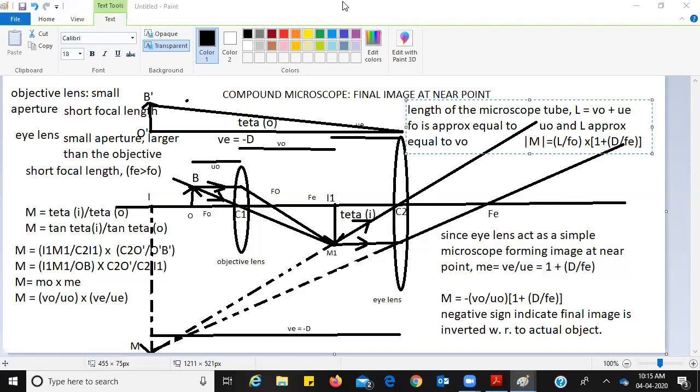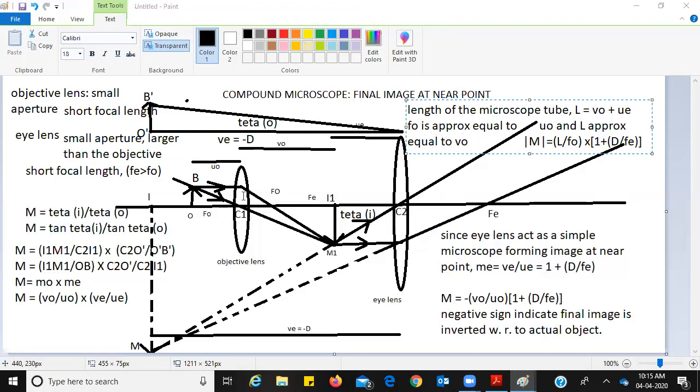Yeah, but we write L is equal to VO plus UE. So then how do we take UE as 0? I think it's supposed to be VE. Which one? So how is L approximately equal to VO?